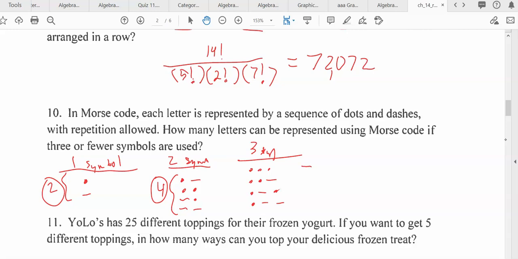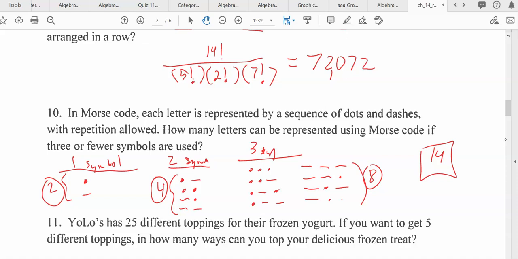So now let's go with dash: dash dash dash, dash dash dot, dash dot dash, dash dot dot. I think I've got all those. So I think I have a total of 8. We actually could have gotten this easier. I just wrote them all out for you. So it looks like there's a total of 6 plus 8 is 14 is my answer there, I believe.